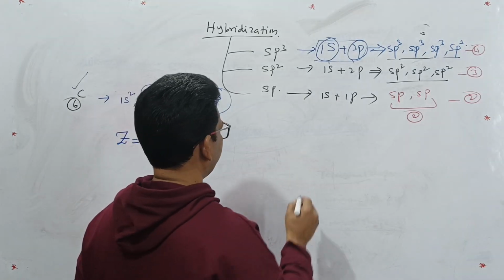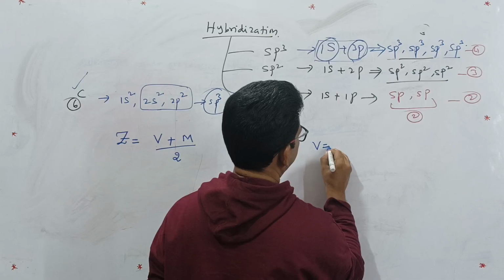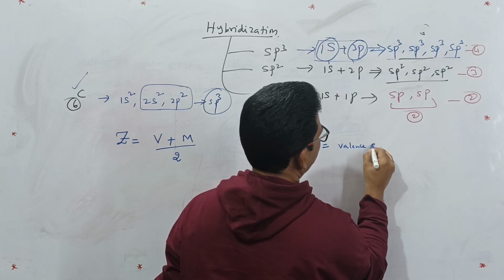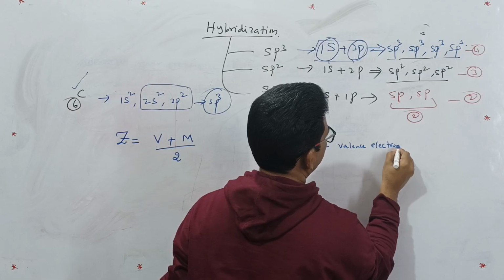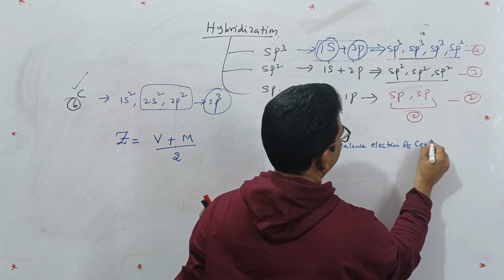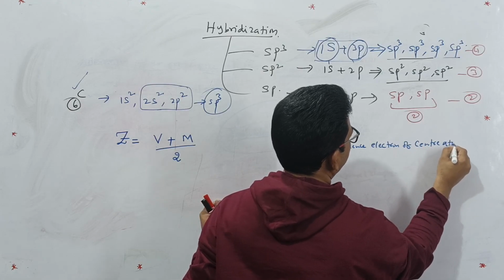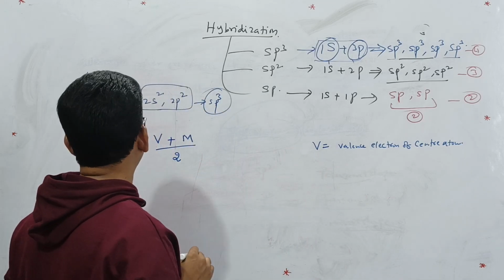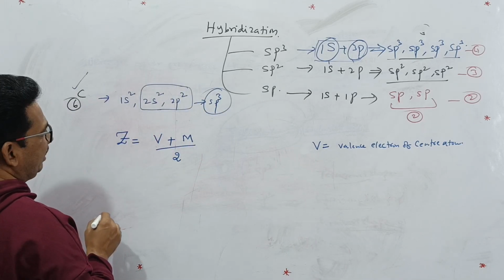V is nothing but the valence electrons of the center atom. Here, center atom means what?